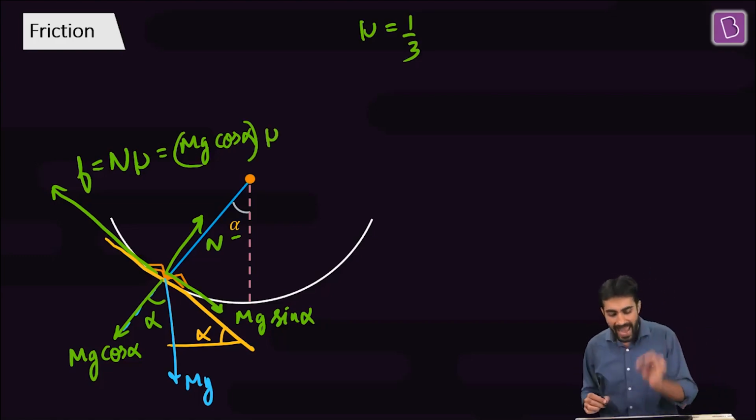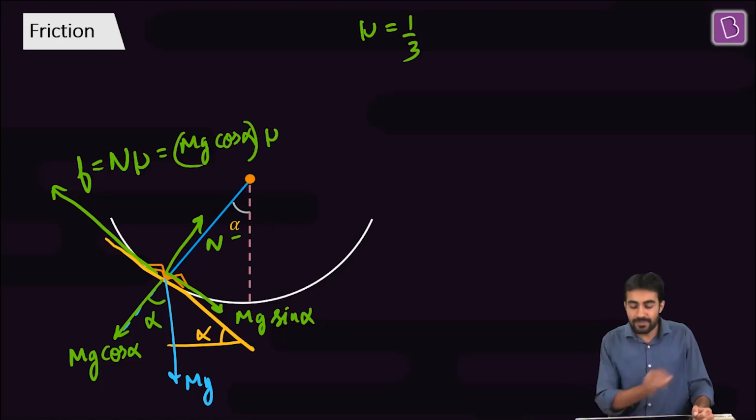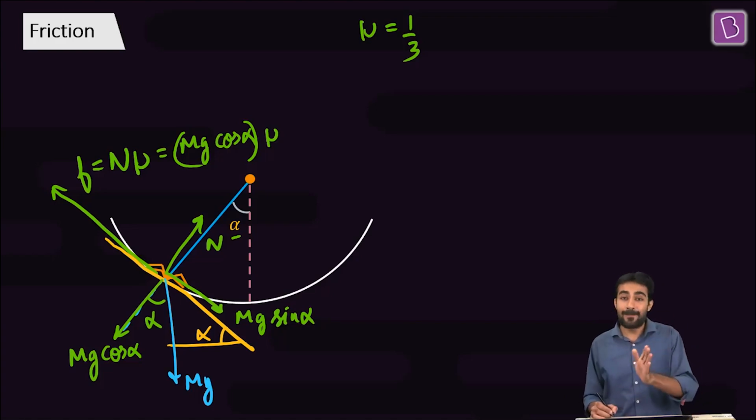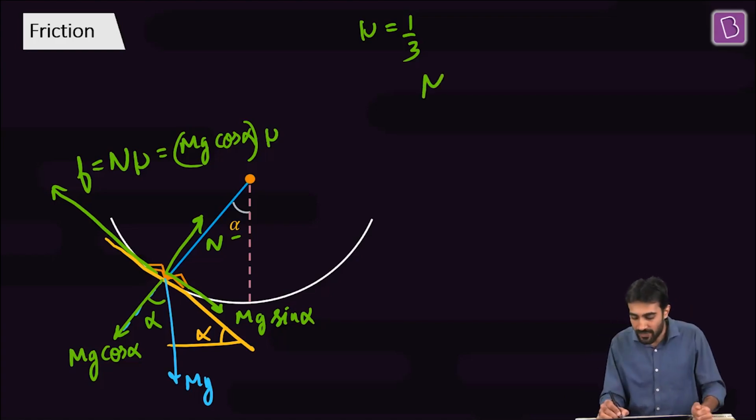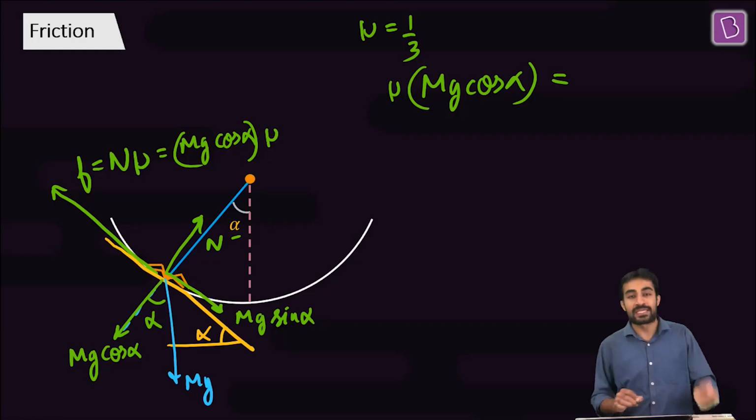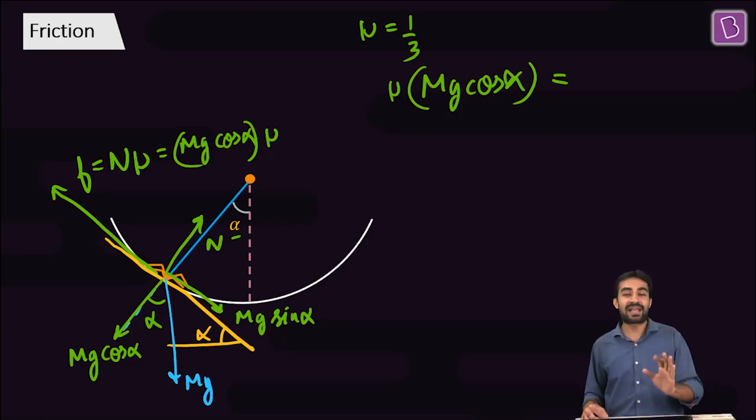So mg cos alpha times mu is the force up the incline, right? So we can write mg cos alpha times mu, the force up the incline, must be equal to the force down the incline, because at this position the insect will not slip. It will slip after that.